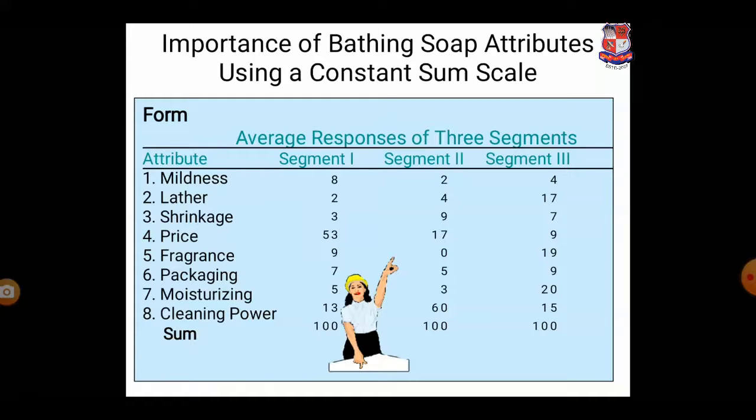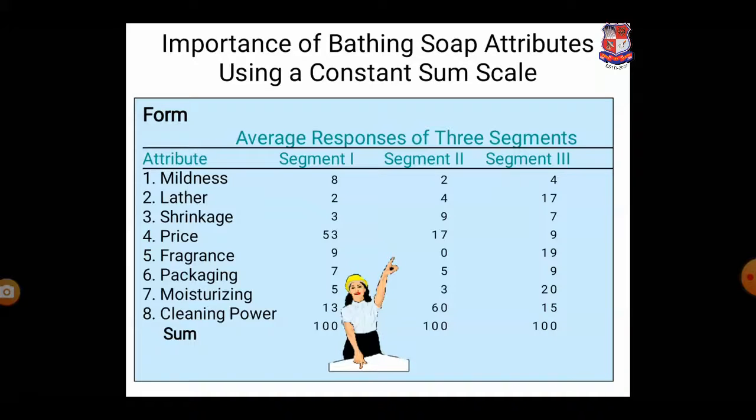If we talk about segment 1, compared to other attributes, price has been given 53 points, so we can interpret that for segment 1, price is the most important factor.